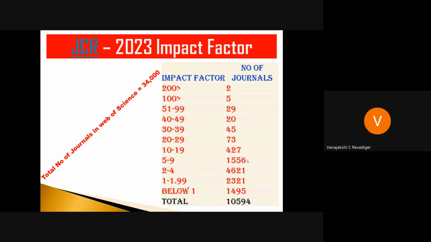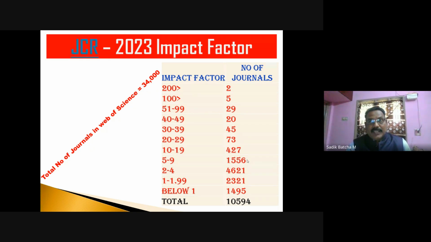Yes, sir. So I say that don't go for predatory journals. You can ask me, then why the UGC CARE list? The UGC CARE list is only for regional language people and humanities subject people. You cannot expect indexed journal publications for them.